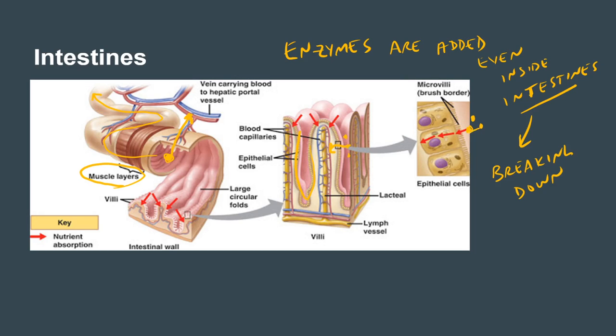The particles have to get out of the tube into your body. And that's what's happening here. These arrows are showing you the building blocks coming out, and they will find their way to the blood system so that the blood vessels can give these building blocks to all the other cells in your body. So that's happening in the intestines.